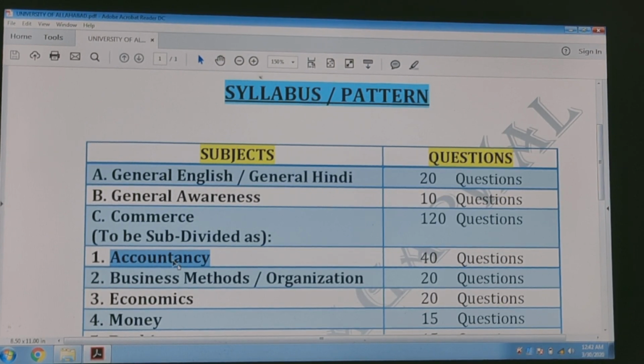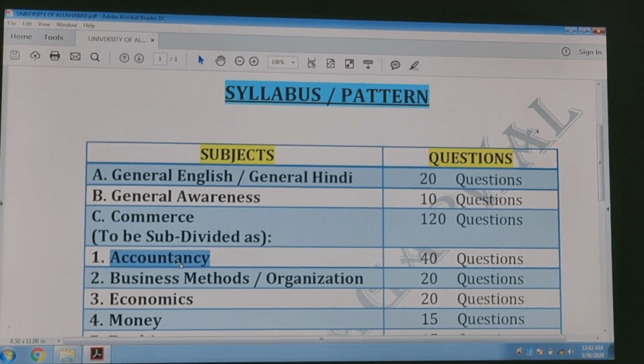From class 12th, chapters you already know, like partnership, debentures, shares, non-profit organization, final accounts of company. These topics are going to come from the accountancy part.